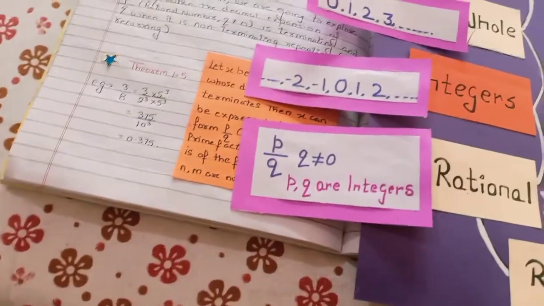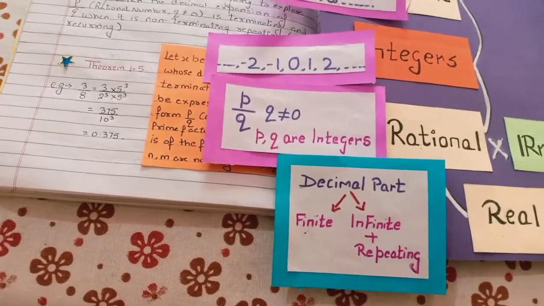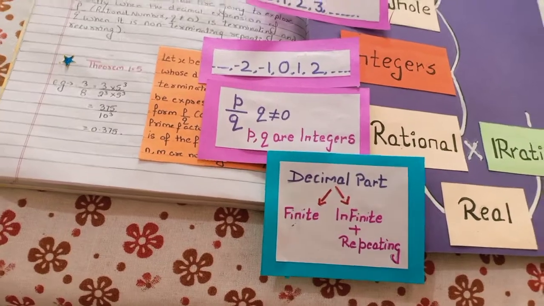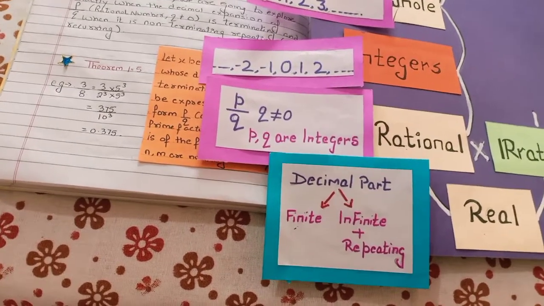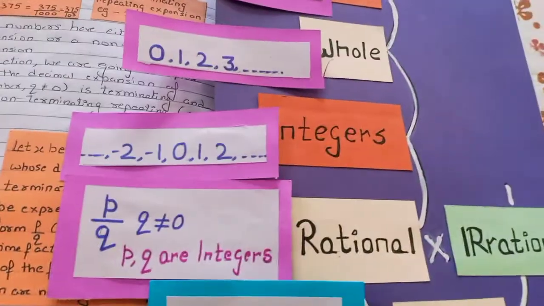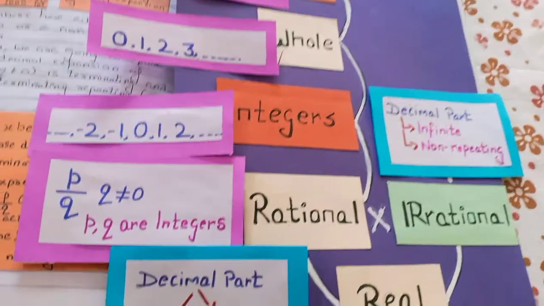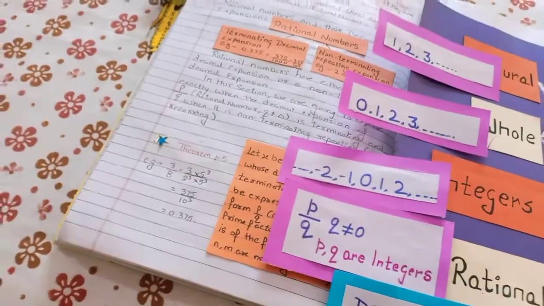If I take the decimal part, every rational number is a finite or infinite repeating decimal, and an irrational number's decimal part is infinite and non-repeating. Let's revise again.